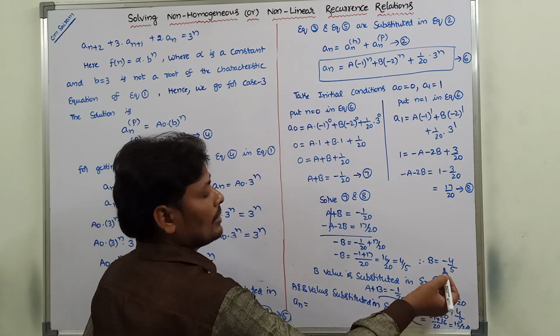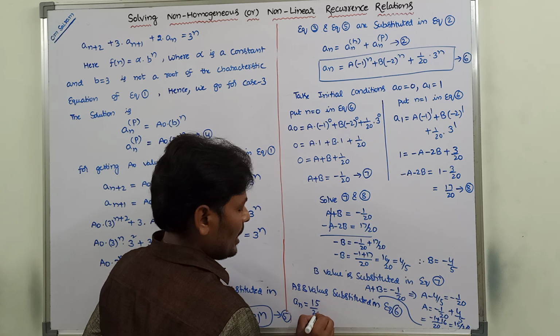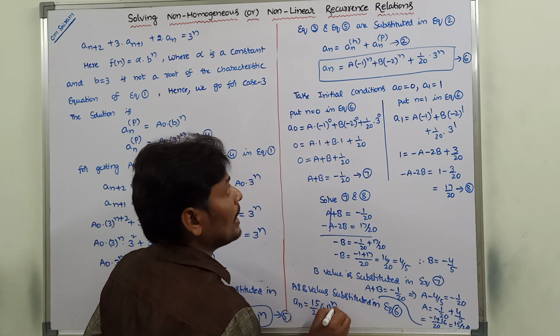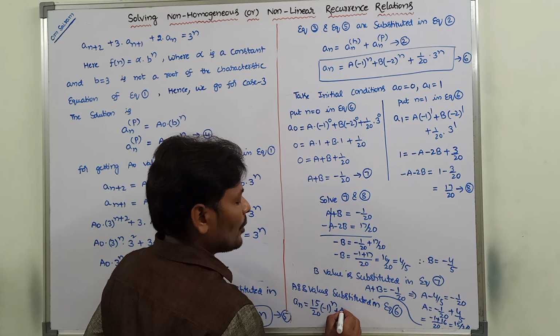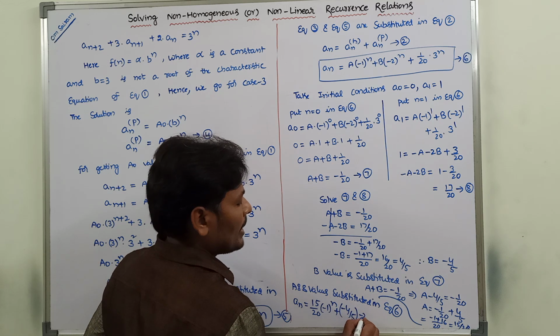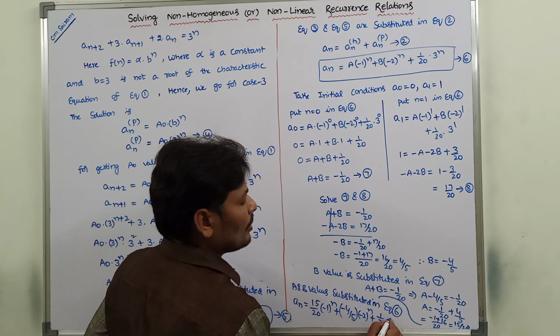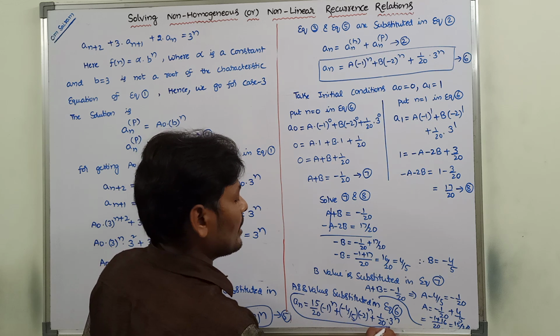The a value is 15 by 20, so 15 by 20 into minus 1 power n, plus the b value, which is minus 4 by 5, into minus 2 power n, plus 1 by 20 into 3 power n. So this is the final answer.